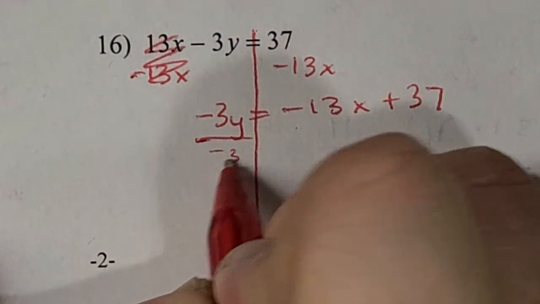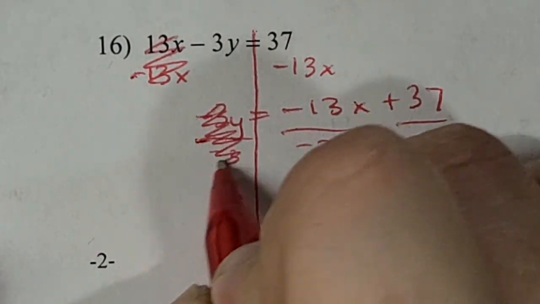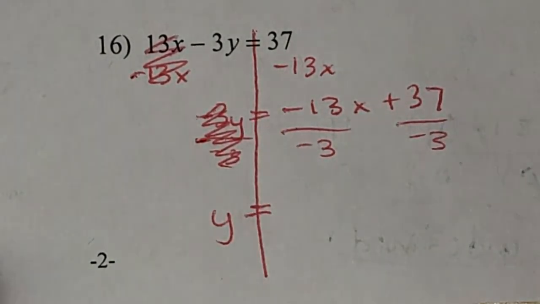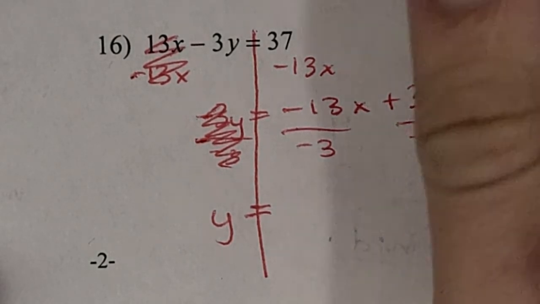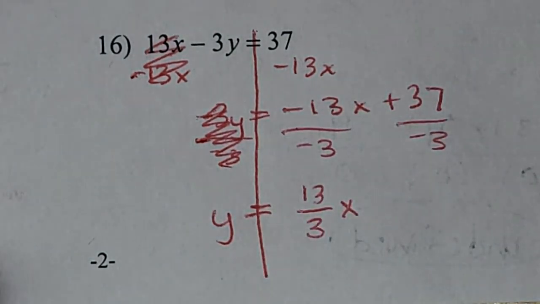Then when I divide by this negative 3, I'm dividing each piece by negative 3. Y equals, all right, negative 13 over a negative 3. The only thing that I could do there is realize two negatives make a positive. So 13/3 is as simple as that gets.